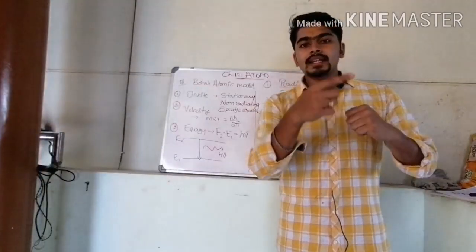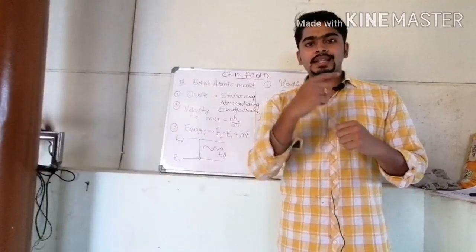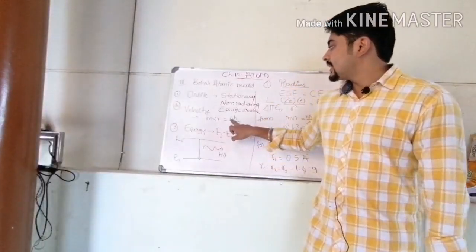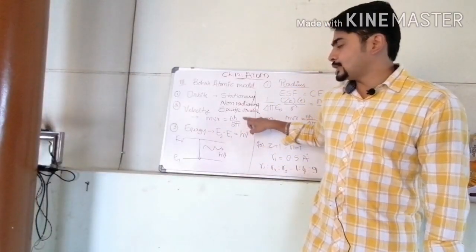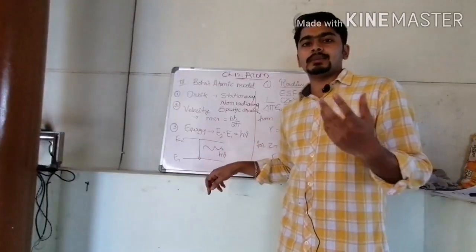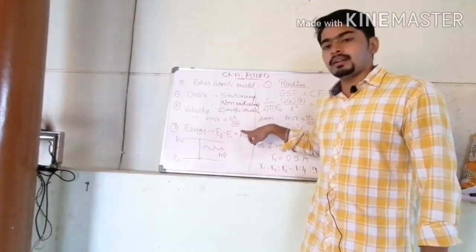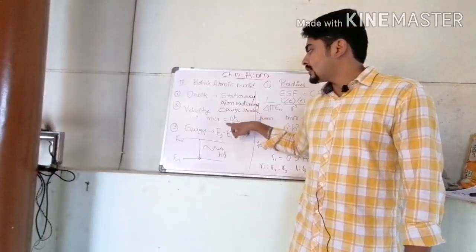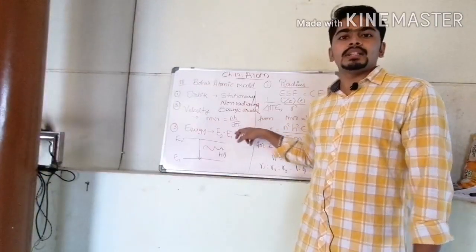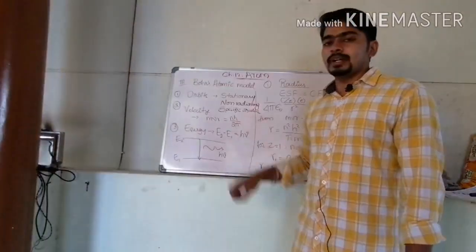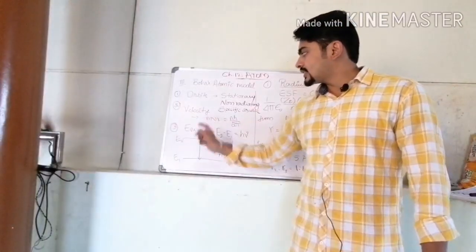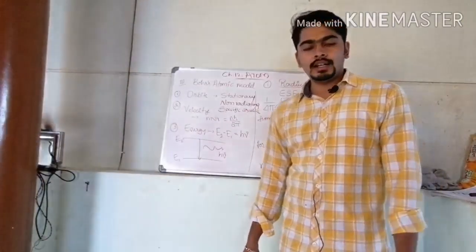So the total angular momentum of the electron in that path is an integral multiple of h by 2 pi. The integral multiple is nothing but n, the principal quantum number. The value of that angular momentum is n into h by 2 pi. With the help of this equation we can get the velocity of an electron.